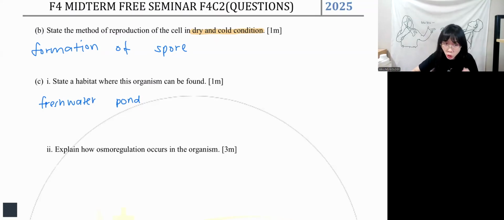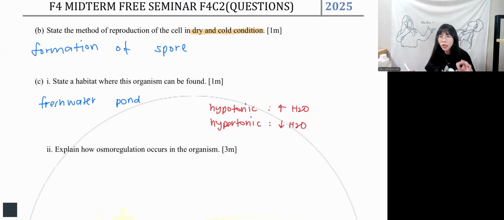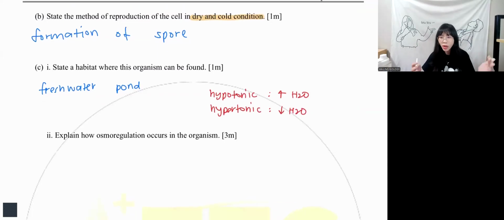In chapter 3, we learned two new words, hypotonic and hypertonic. Hypo means more water. Hyper means lesser water. Water always goes from more to lesser water, always hypo to hyper. Your fresh water is always hypo. When water diffuses in, when they reach a maximum size, they will contract and expel water out.